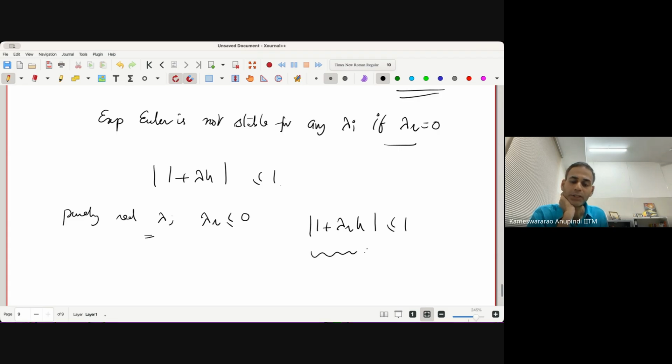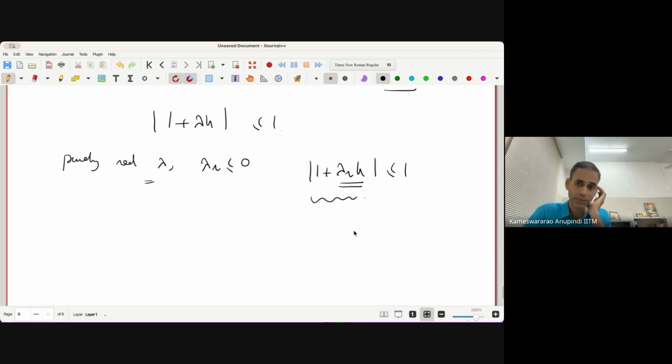When can this condition be satisfied? It can only be satisfied when lambda R h is negative and the magnitude of this one is less than or equal to 1. Only then can this condition be satisfied.